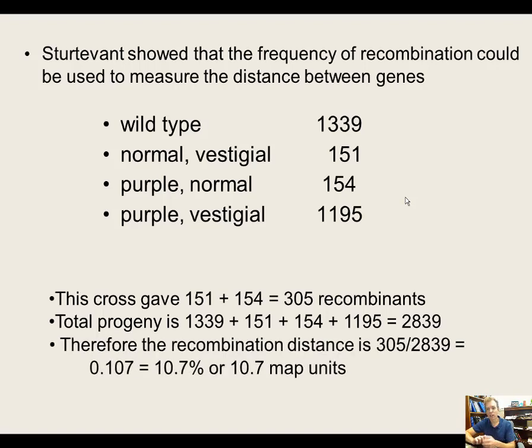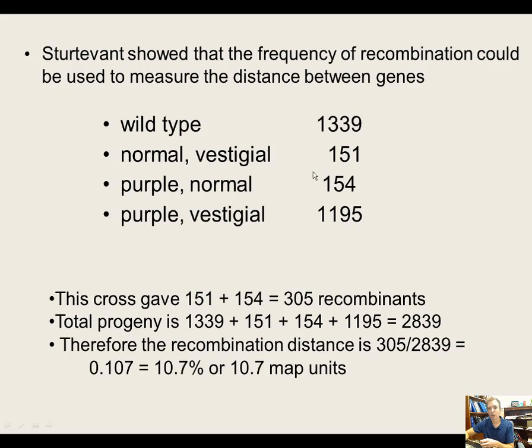Then he simply divided the number of recombinants by the total progeny, which was 10.7%. 10.7% of the total flies were products of recombination. He defined this in terms of a unit, or a map unit. And now we say that 10.7% recombination is the same as 10.7 map units separating the two genes.